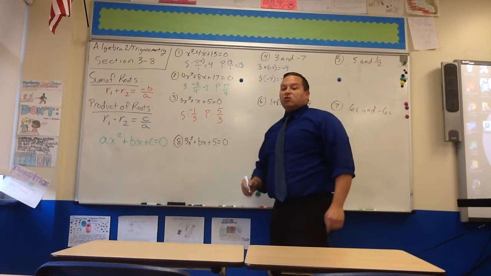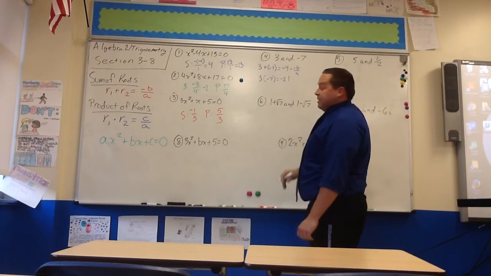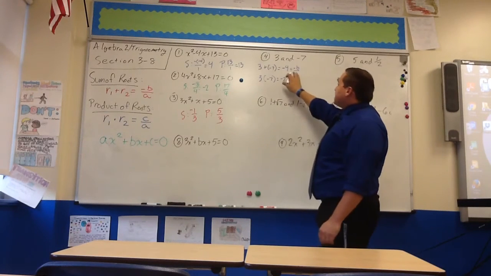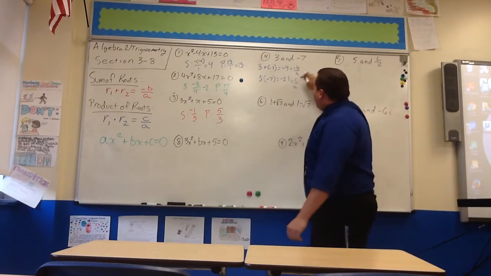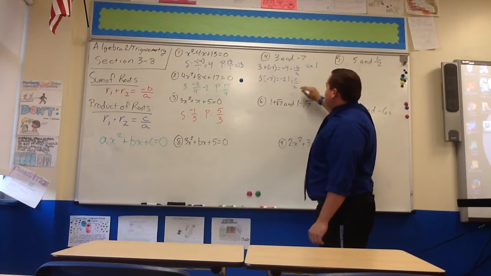Now, why are those important? Because this negative 4 would be equal to negative b divided by a. This negative 21 would be equal to c divided by a. Notice how neither one of them has a denominator, so in both cases, the a value would equal 1.